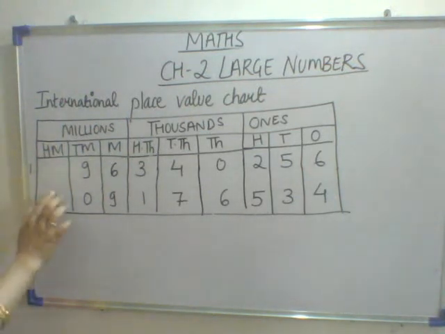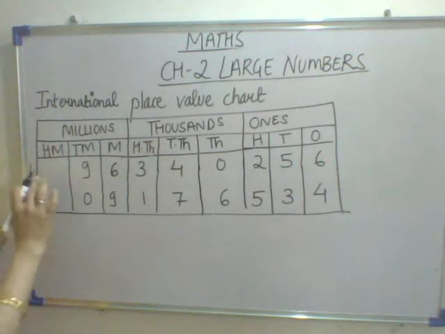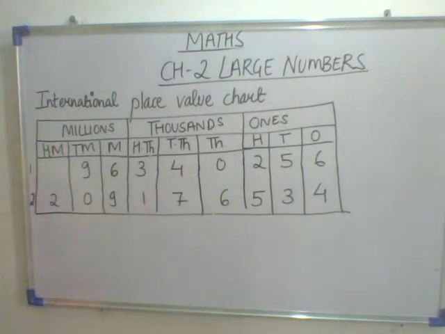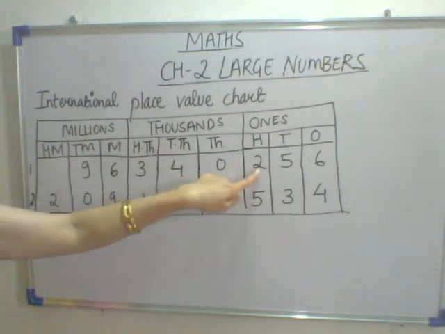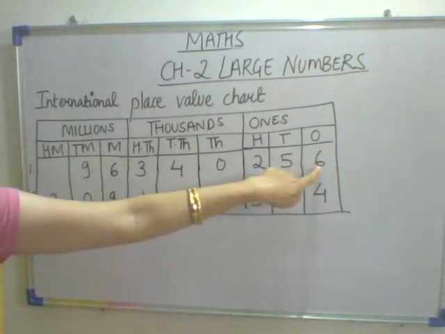I have written here 2 numbers. You have to tell me in the international numeral system what is this number. So the first one is 96 million 340,256.